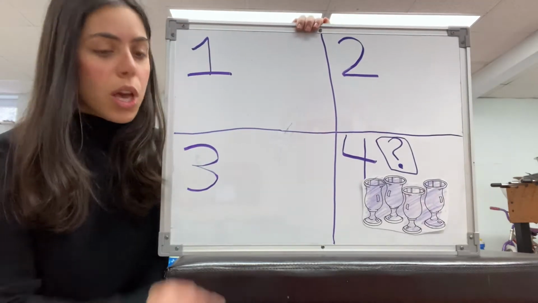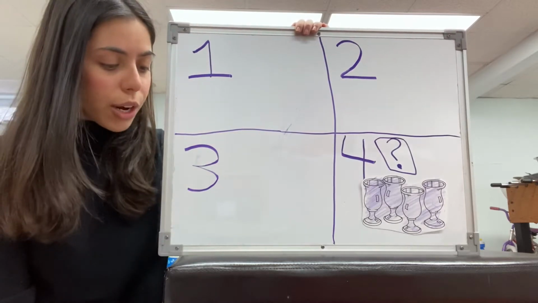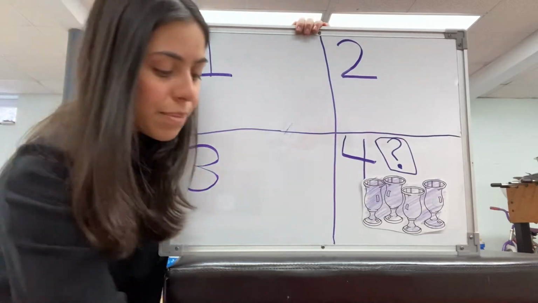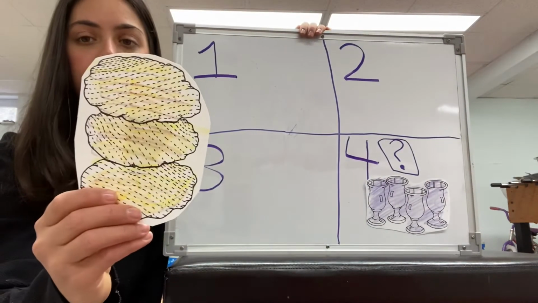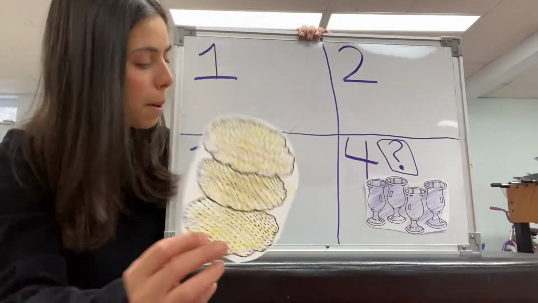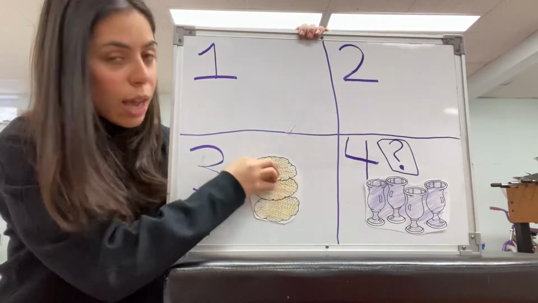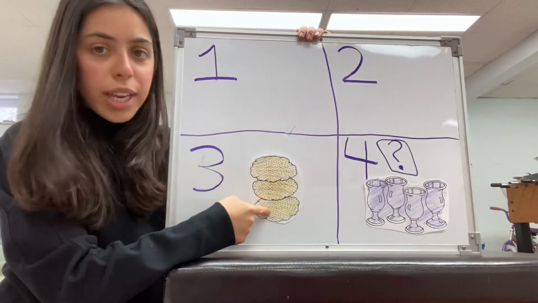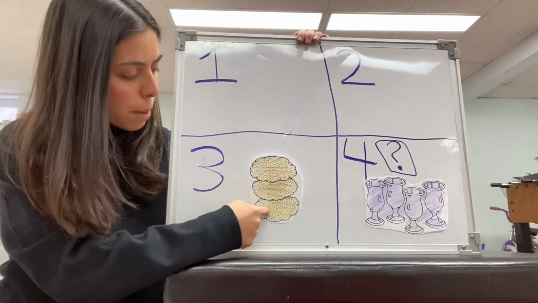What do we put 3 of on the table? On our table, we put 3. 3 what? 3 what? 3 matzahs. Count the matzahs with me. 1, 2, 3. 3 matzot.